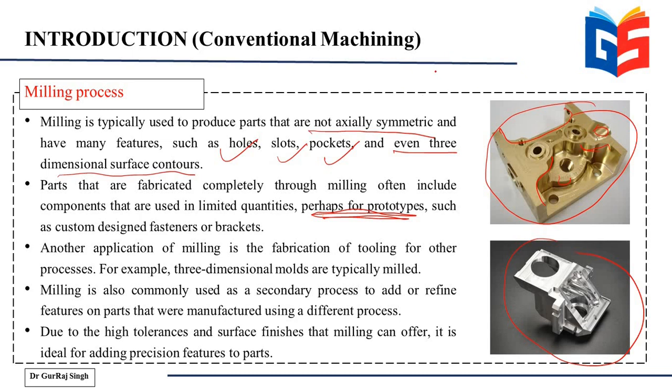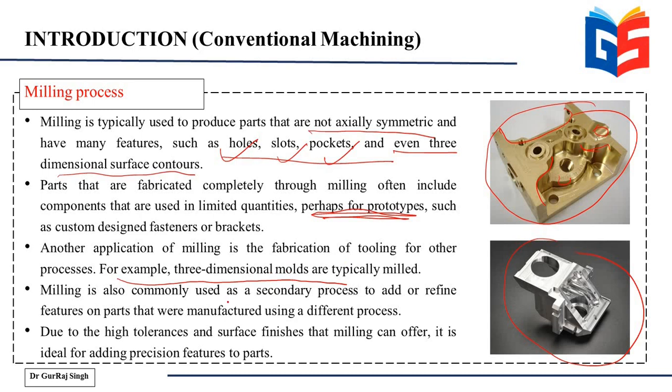And to make that pattern, maybe out of metal or wood, you can use a milling process because it can give all sorts of these features to the workpiece. Another application of milling is the fabrication of tooling for other processes. So you use a milling process for making tools for the other operations. So a milling cutter is normally used for making cutting tools that are used in other cutting processes.